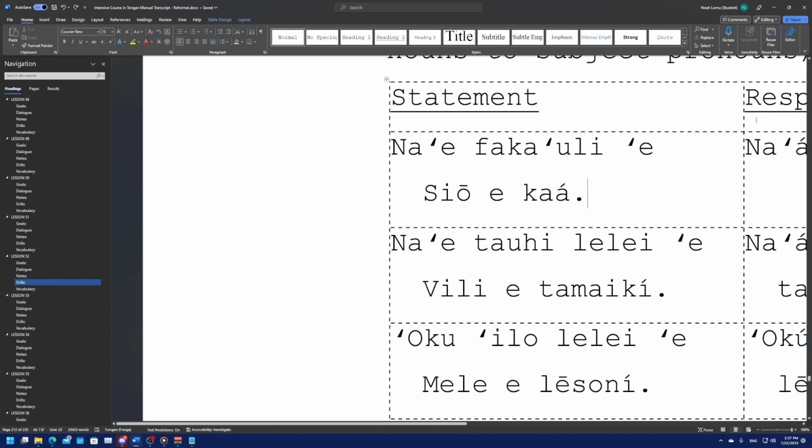And now say the response version. No, saying both is okay. You just need to replace the subject noun. You need to get rid of that and add a ne here.